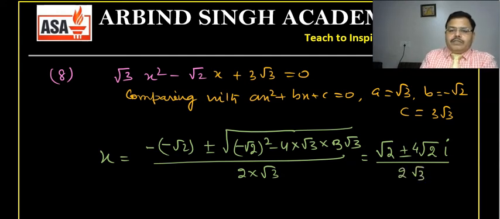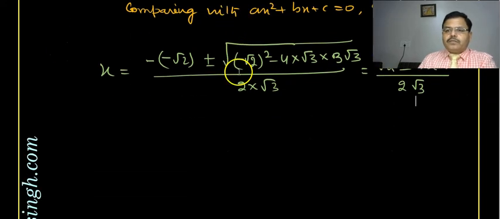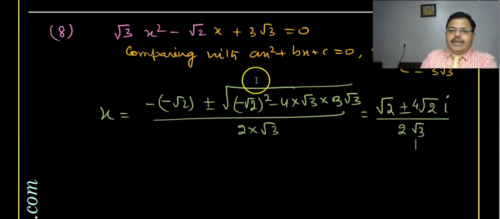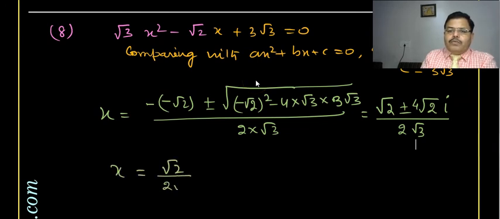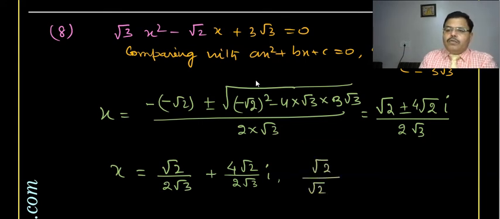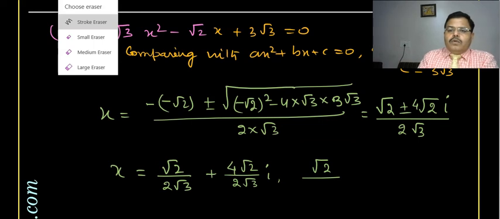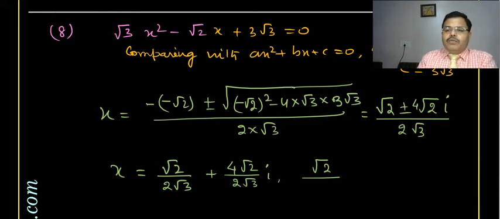Now the things will come like this. We can write the values of x as root 2 upon 2 root 3 plus 4 root 2 upon 2 root 3 iota, and another one is root 2 upon 2 root 3 minus 4 root 2 upon 2 root 3 iota. Simply we can cancel by root 2, isn't it? Let me write cancels by root 2.